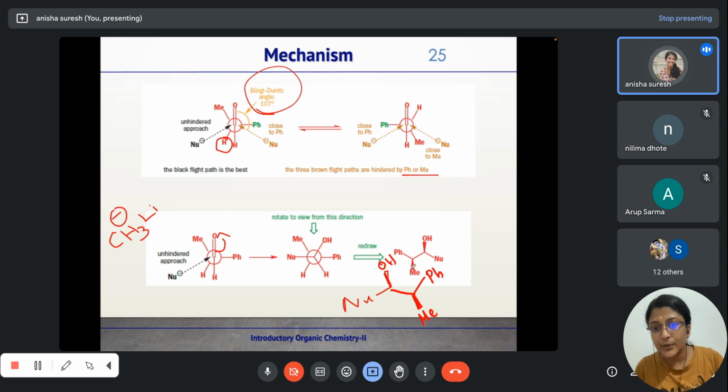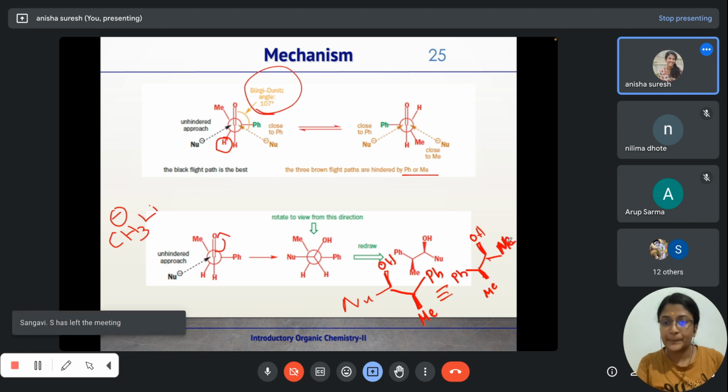So it is similar to that, right? Both the groups are in the same direction. If we rotate, it will be like Ph, Me, OH, Nu. Here the Nu will be methyl.